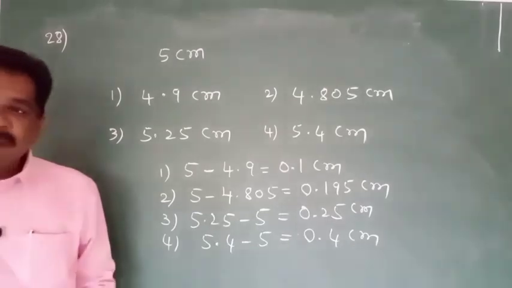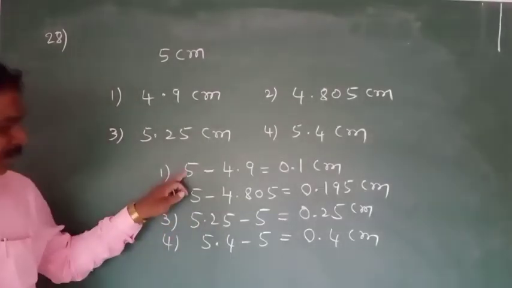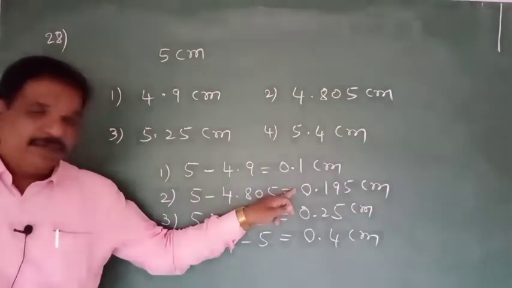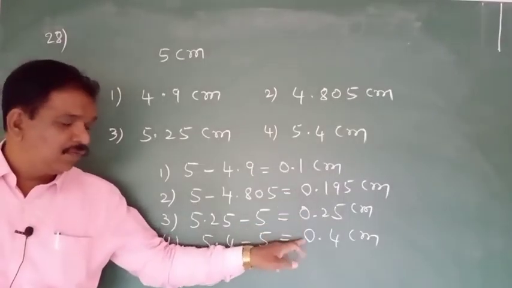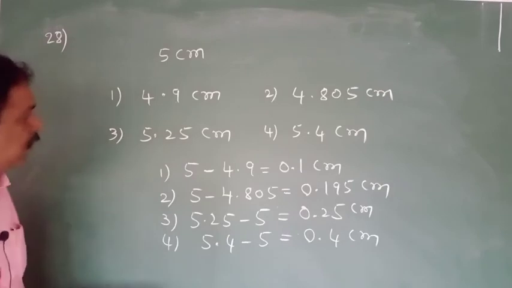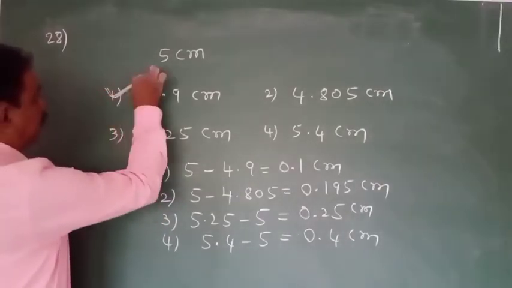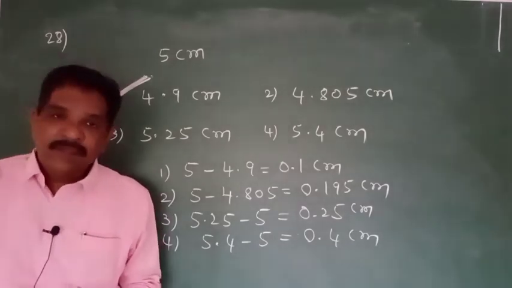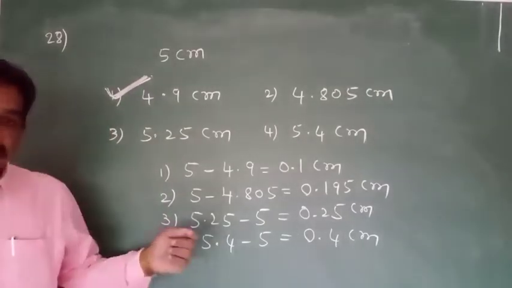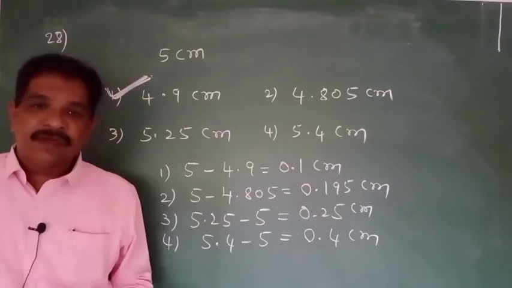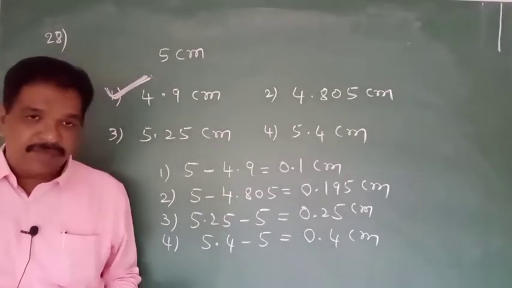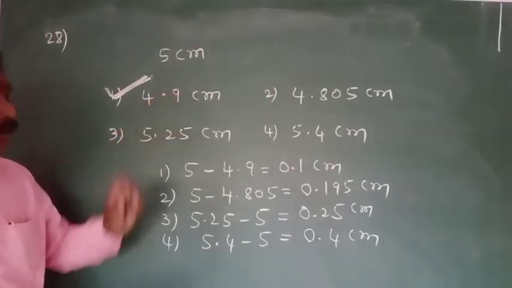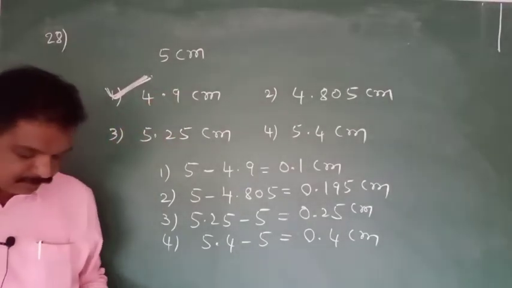Where error will be minimum? Here, just 0.1 only. Compared with 0.195, 0.25, 0.4, the most accurate value will be 4.9, as the error is minimum. That value will be called the most accurate value. So we will get that as 4.9 centimeters.